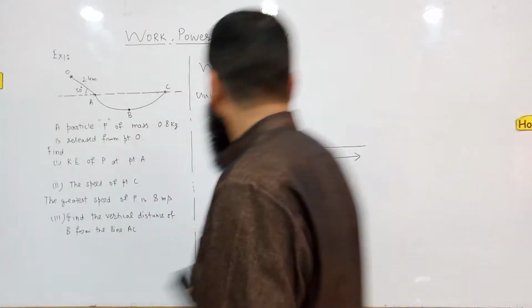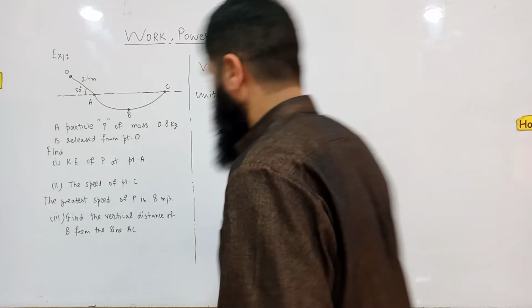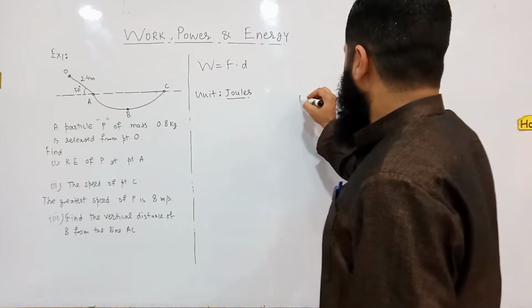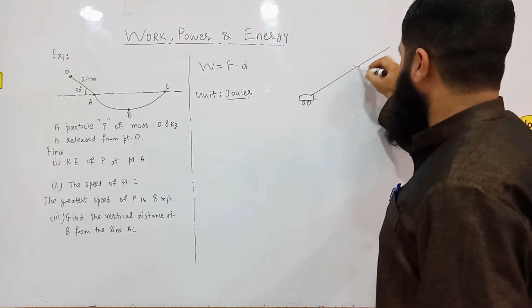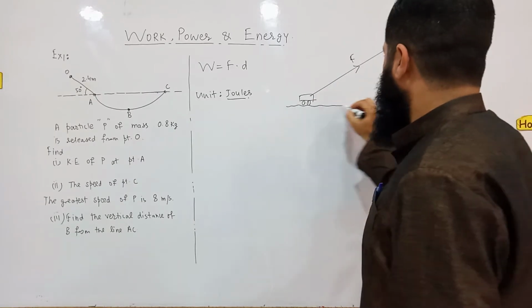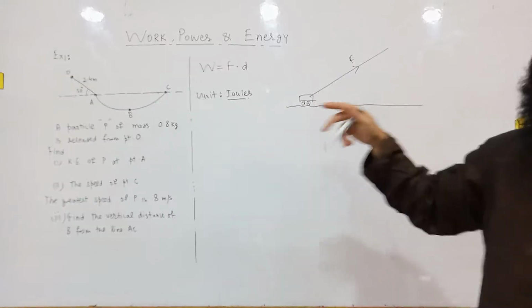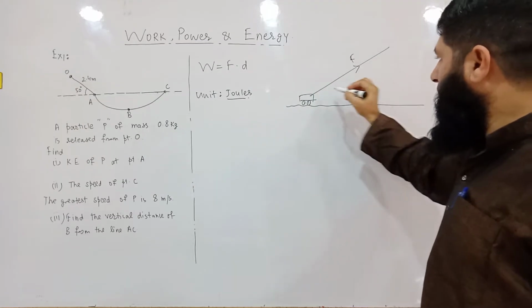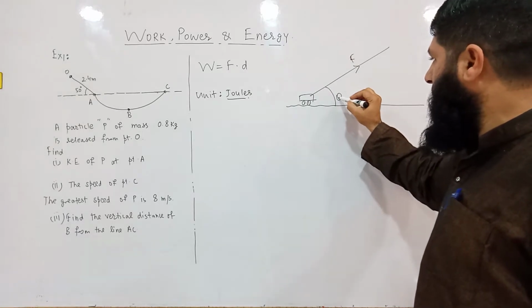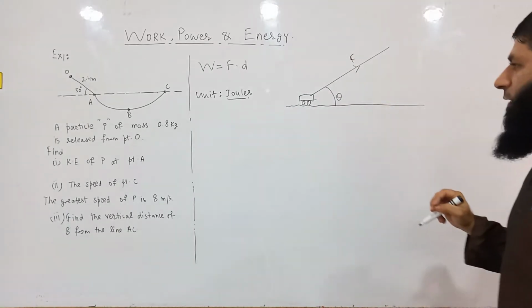Let's suppose this body is being pulled by this force F, like this, and the line of force is making an angle theta with the horizontal axis.